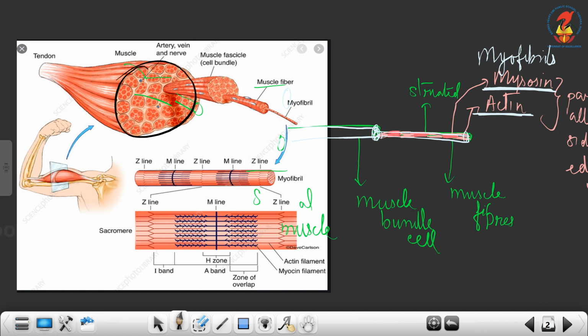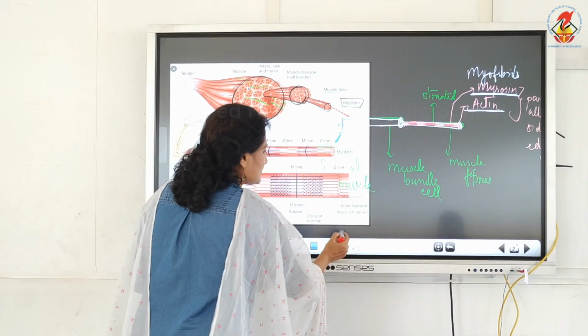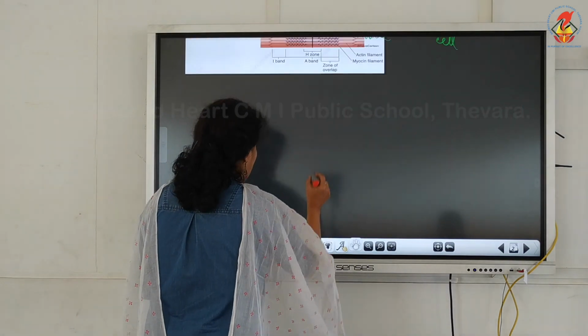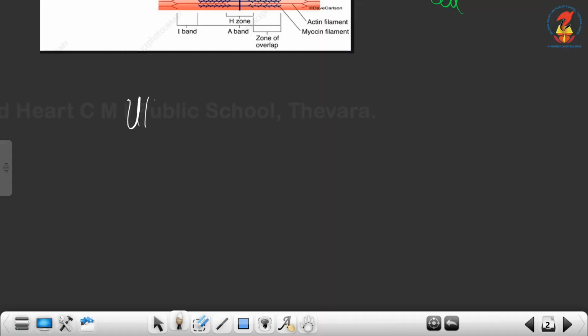This is the entire muscle in cross section. Then a bundle cell is pulled out, and from the bundle cell we have pulled out a muscle fiber, and on the muscle fiber I arrange the two sets of myofibrils. As I have informed you, the two sets of myofibrils are the thick and thin filaments, that is the actin and myosin. So, I will roughly draw that striated appearance, or the ultrastructure of the muscle fiber.